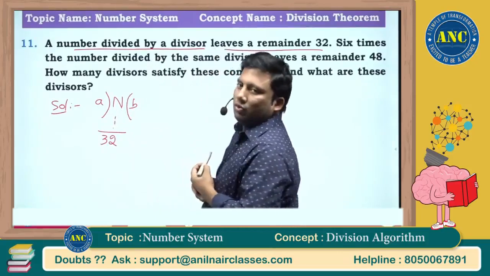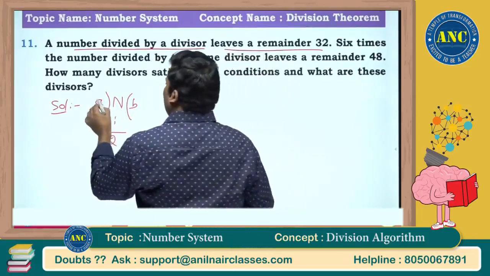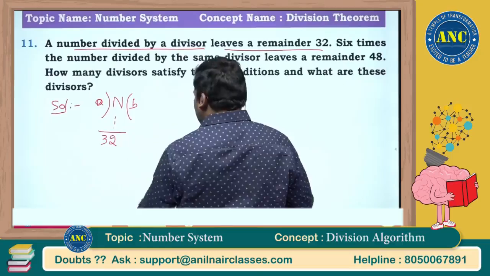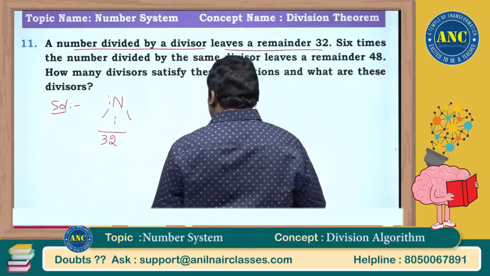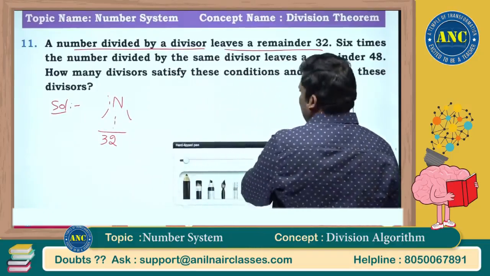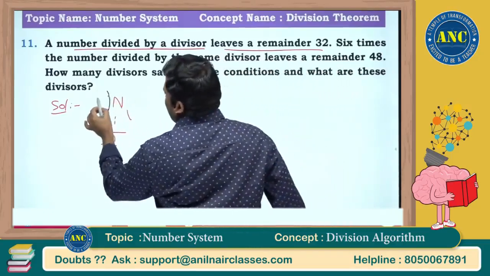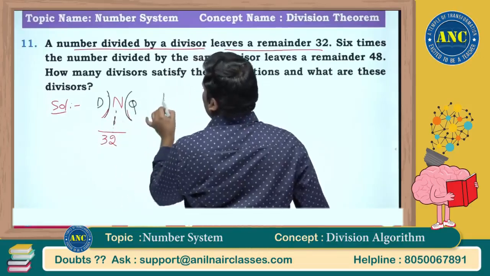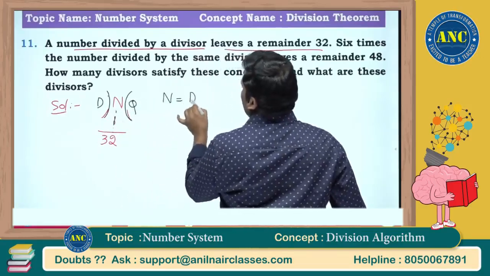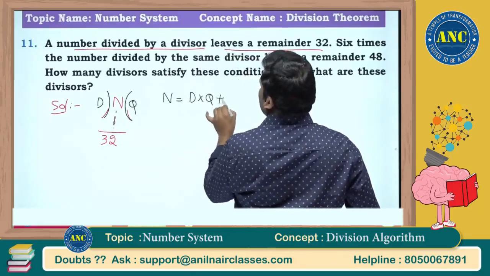Dividend is n, divisor let me call d, quotient q. Dividend equals divisor into quotient plus remainder. n is d into q plus 32.